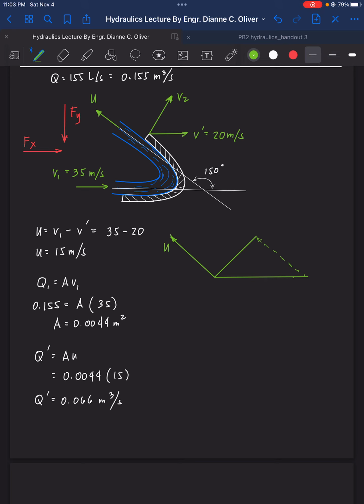And the angle to the horizontal is 30 degrees. And the angle here is same, that is 30 degrees as well. Then this is our V2. And here, our U here is same as this one here. This is also U.